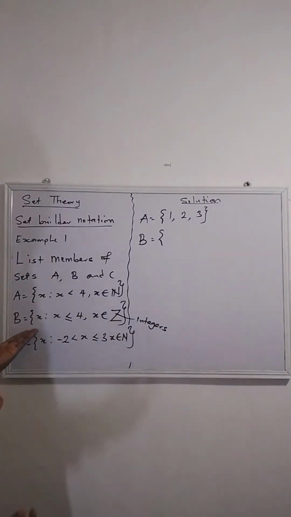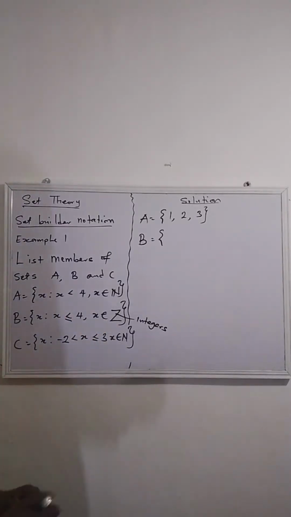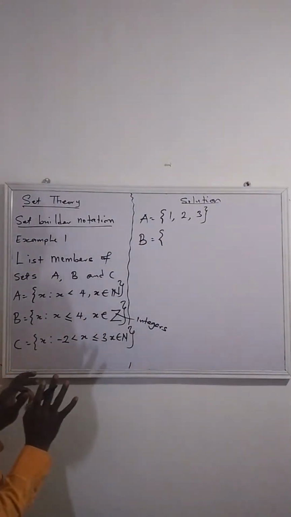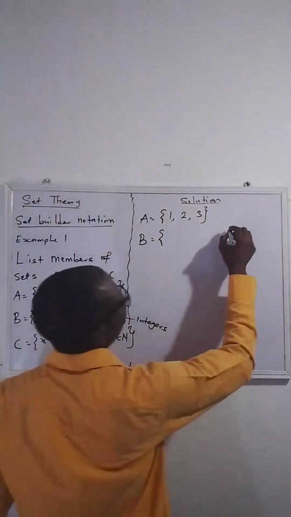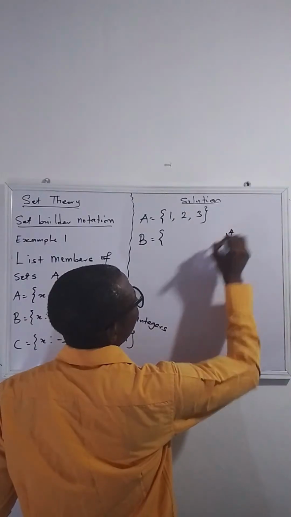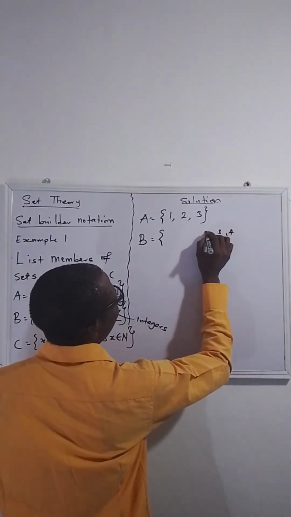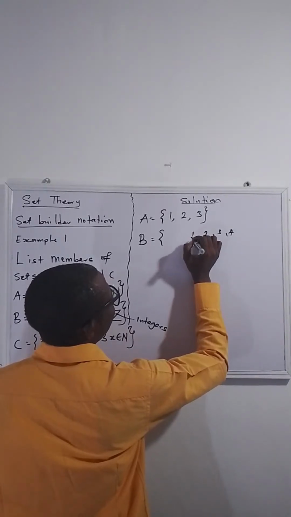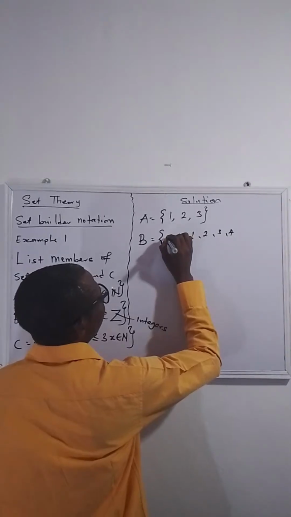Now let us list values of x that are less than or equal to 4, and they are also integers. The biggest is going to be 4, followed by 3, 2, 1, 0, -1, and so on.